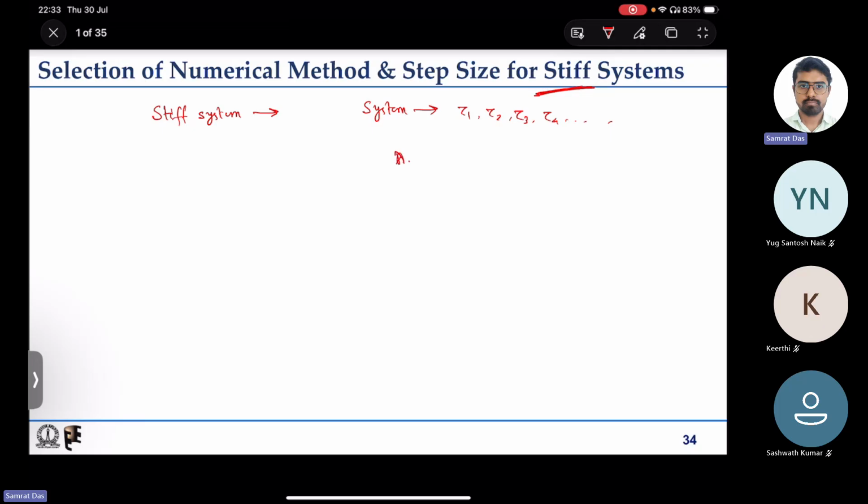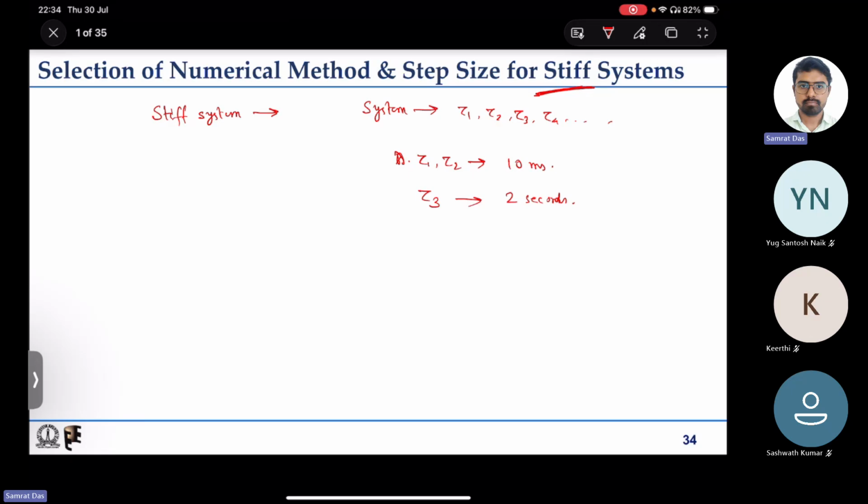Say a few time constants, tau 1, tau 2, the electrical time constants for a system, for an example of the motor drive, can be say 10 millisecond. Electrical time constant may be as small as 10 millisecond. But some other time constant tau 3, that is the mechanical time constant, could be as high as say 2 seconds.